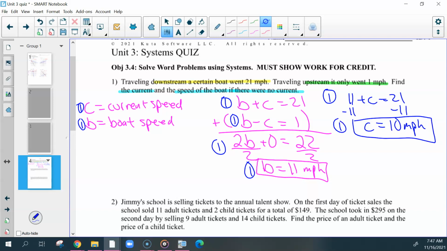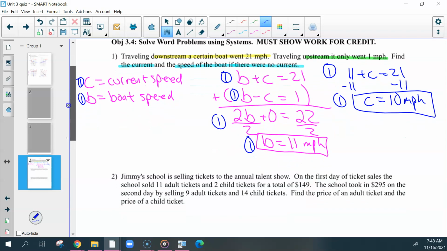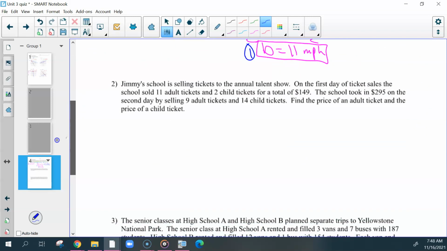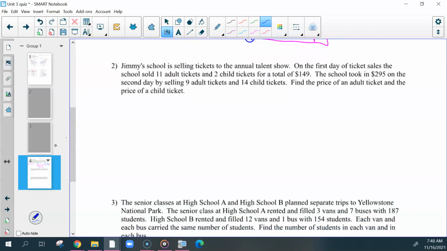Or if you solve by substitution, same process, but your work would just be a little different. Questions on that one? All of these were set up very similarly. If you need me to come back to that one, just let me know and I will.